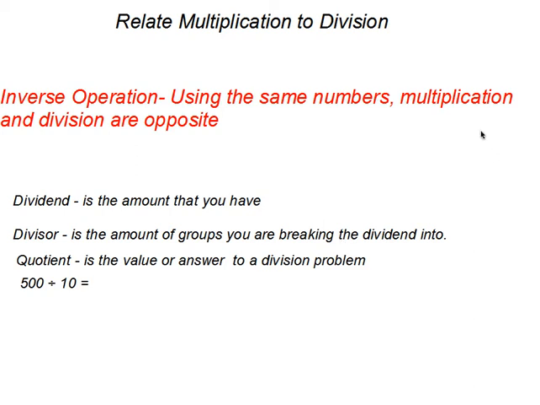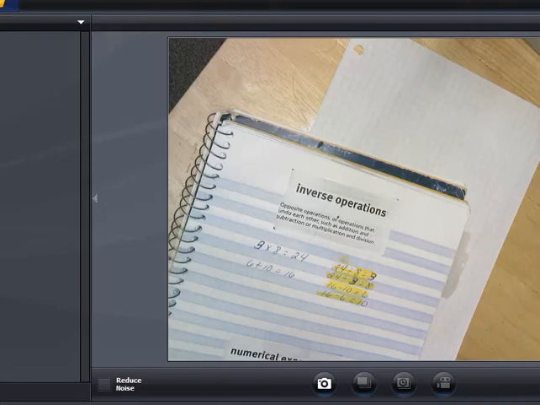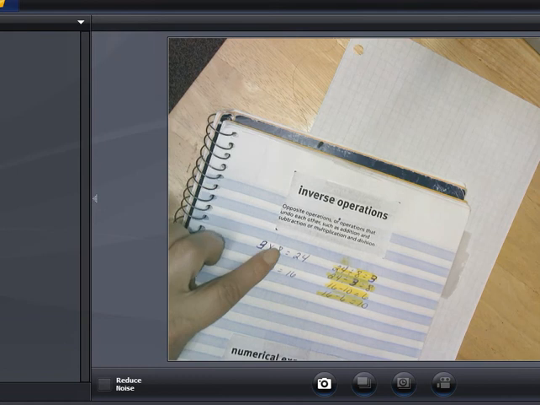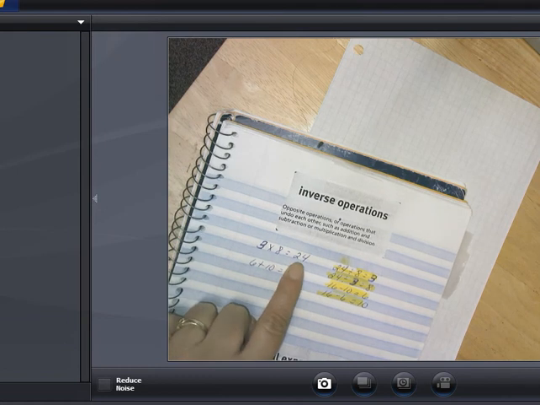Alright, so the first thing I would like you to do is get out your journal and go to the place where it says inverse operation. So I have mine here, it says inverse operation. I'm just putting down some examples. If I have 4 times 8 equals 24, wait, 3 times 8 equals 24.